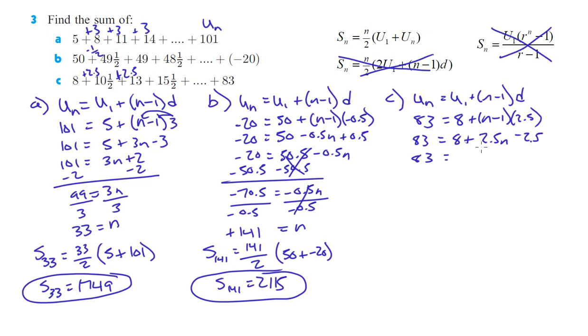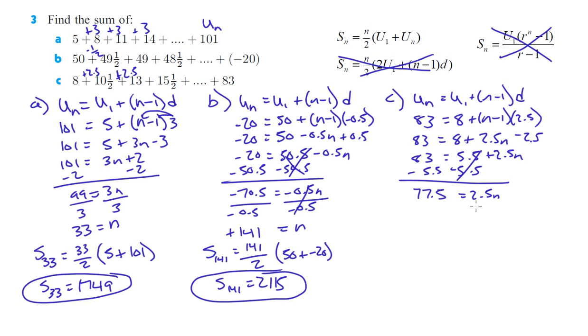So we have 83 equals 8 minus 2.5, which is going to be 5.5, plus 2.5n. So we're going to subtract 5.5 from both sides, and we get 2.5n is going to equal 77.5, right?